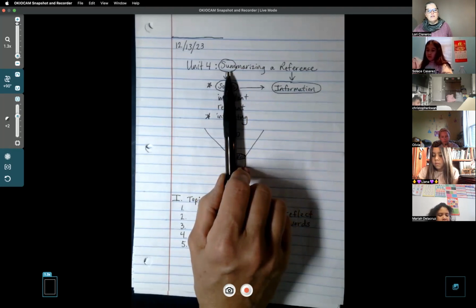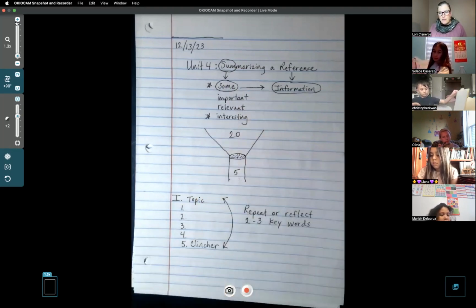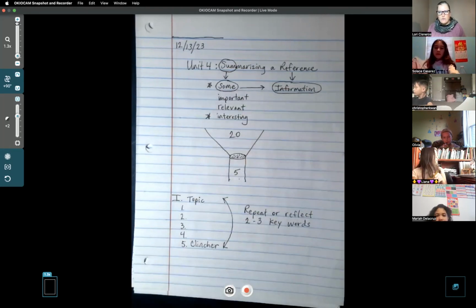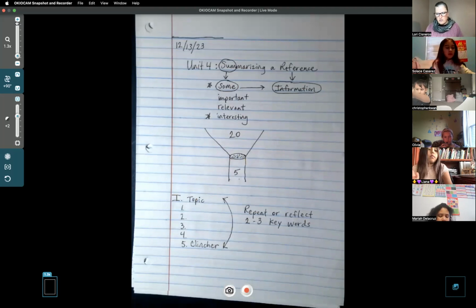Remember how we talked about how summarizing has SUM, like in math, the sum of 2 plus 5 is 7, right? That's the sum. But really, it's SOME the way it's used in writing, because SOME means part of the information. You're not going to retell all of it. Only part, okay?